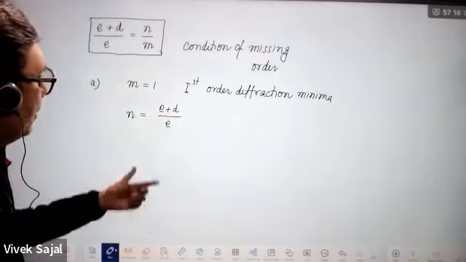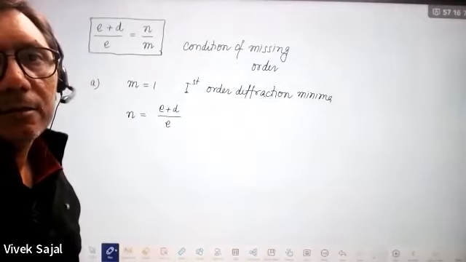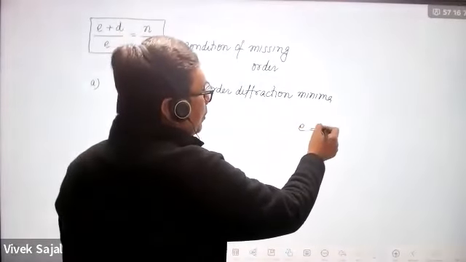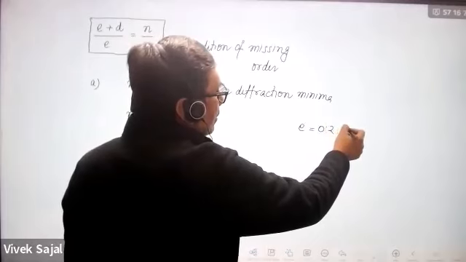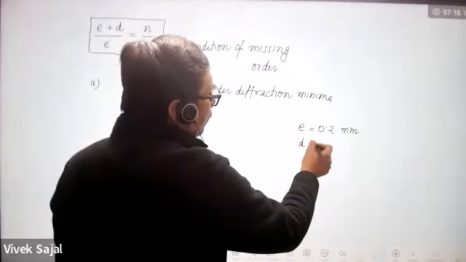This will give me the missing order. Suppose e is equal to 0.2 millimeter and d is 0.4 millimeter.